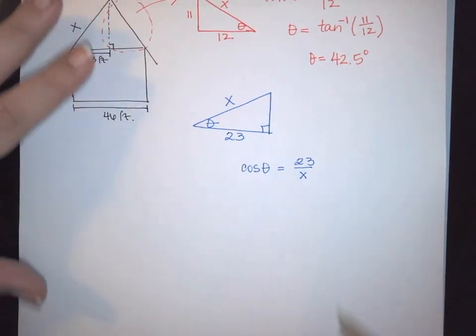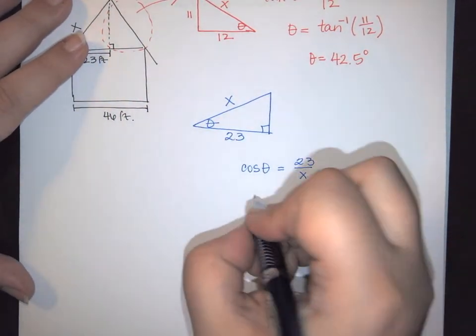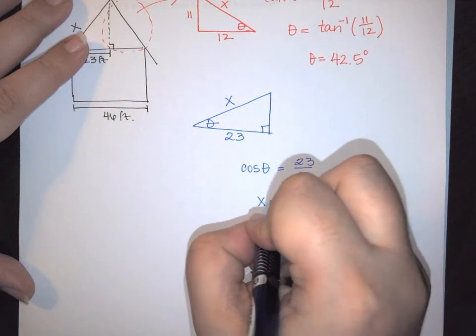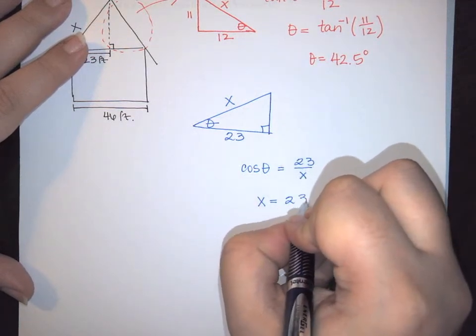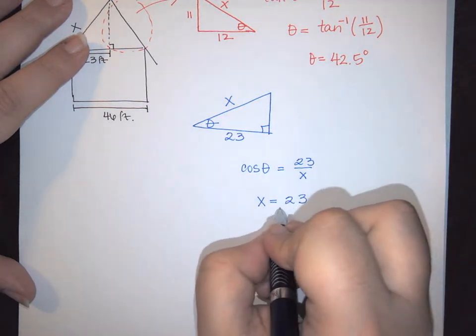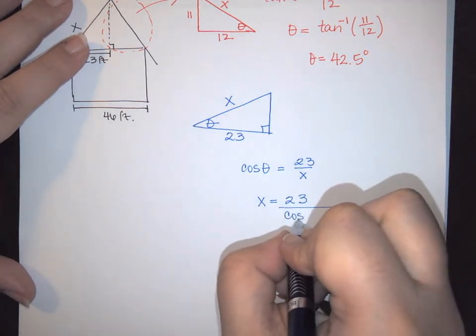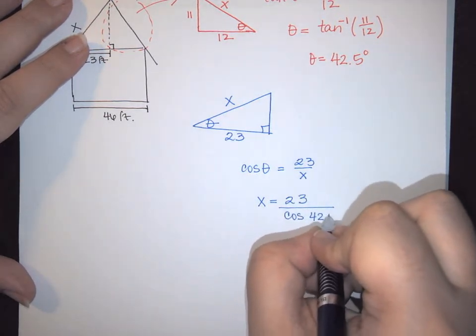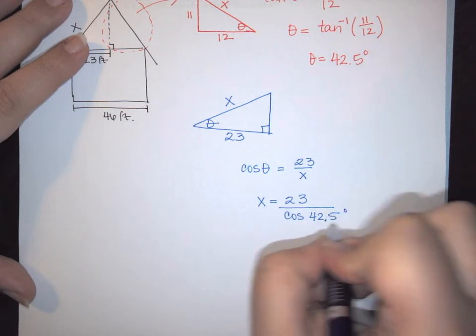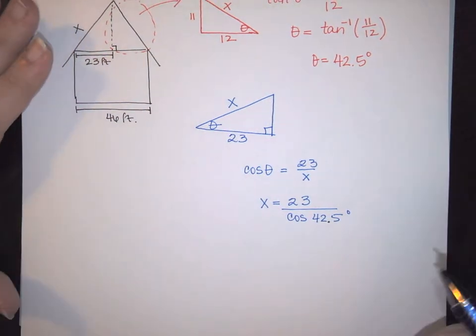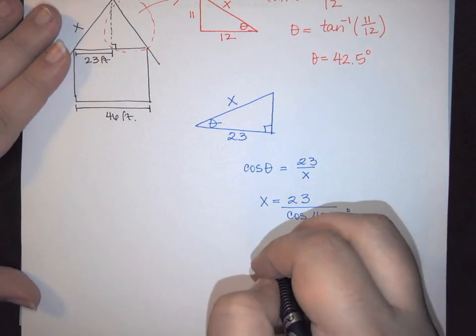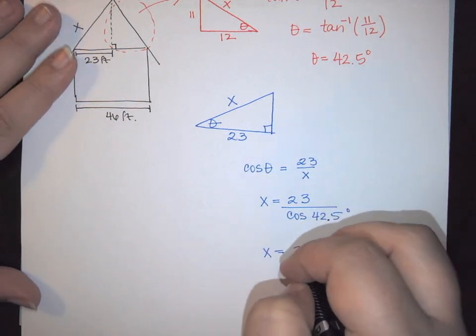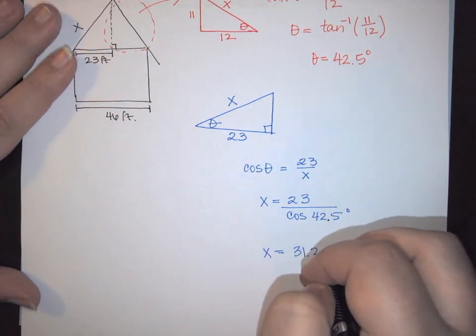Well, I know my angle is 42.5, so my x is going to be 23 divided by the cosine of 42.5. So again, using your calculator and inputting your values, you would come out with 31.2 feet.